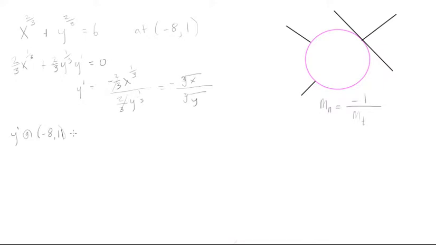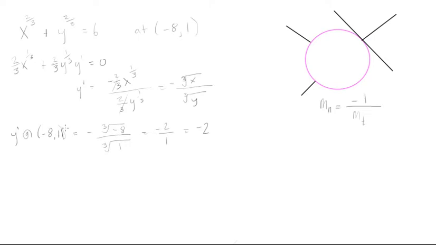So what do we get? We'll have the negative cube root of x, which is -8, over the cube root of y, which is just 1. So the cube root of -8 is -2 over 1, or just -2. So that's what the slope is at this point.